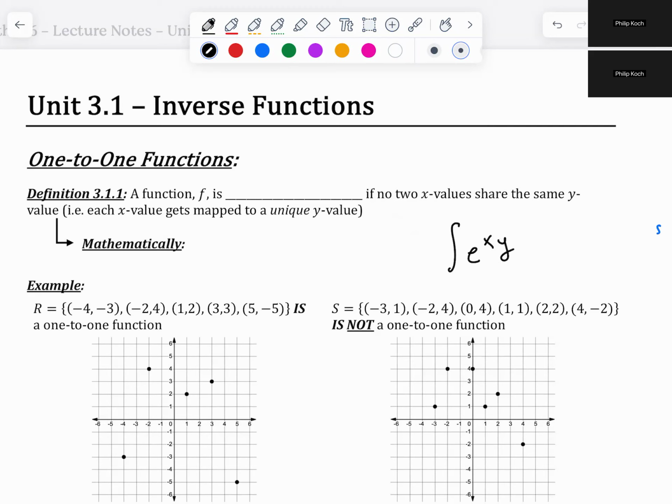And so that is an integral symbol. This long S is an integral symbol. E is the exponential function, which we're going to talk about very soon, and then x, y variables. And so Sean asks Gus, what is it? He's like, well, that's the integral for the area under the curve x, y.